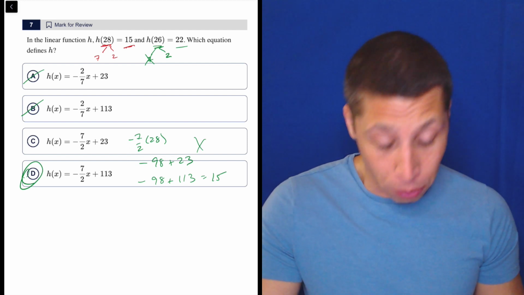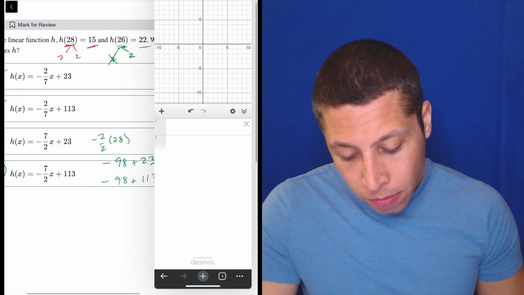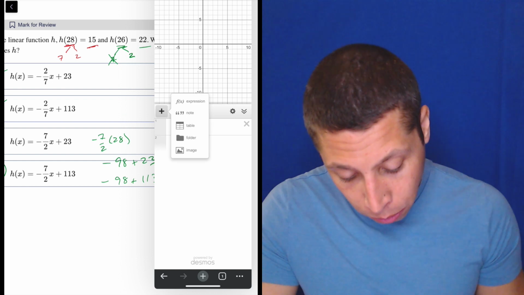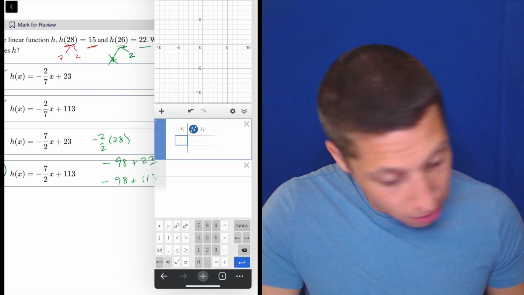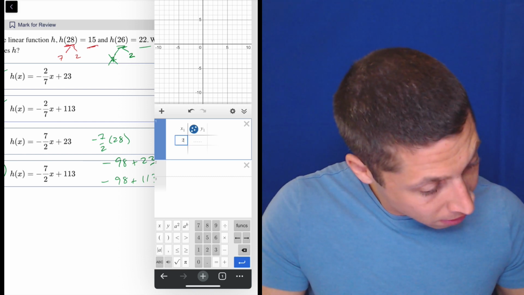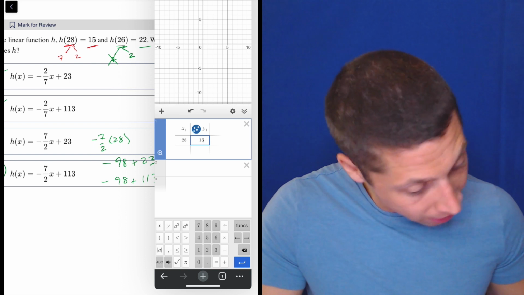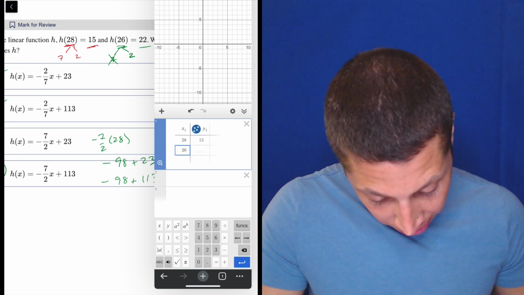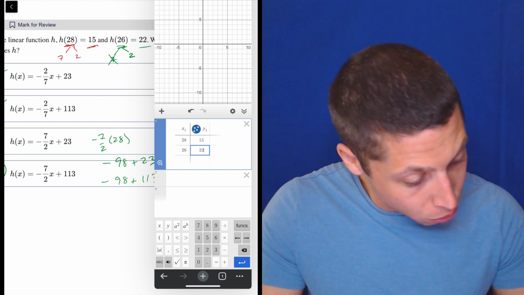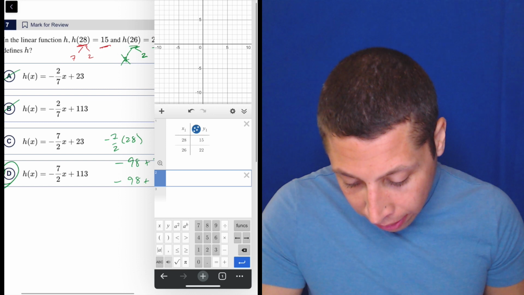Another way to do it, if you really want, again, I don't think this is faster, but we could create a table using this. So we can do a table, and we have 28 is x1, and then 15 is the y that goes with that. And then let's go down here, and 26 and 22, right? So basically what I'm going to do is make Desmos give me the line equation.